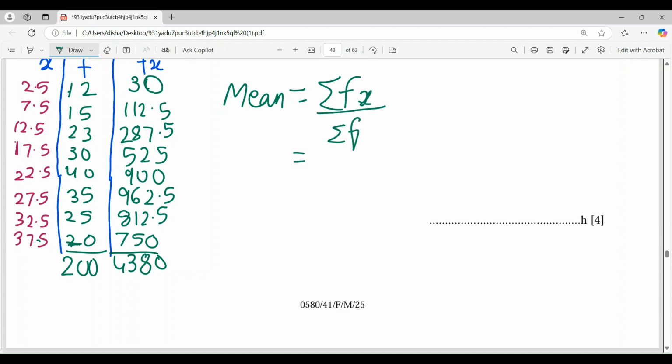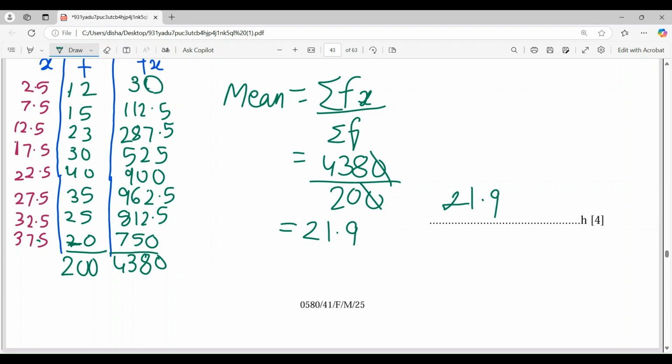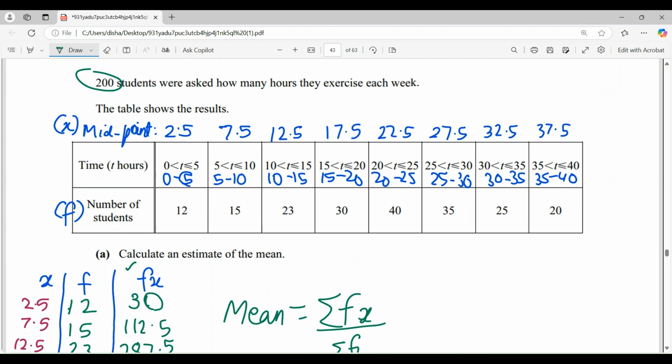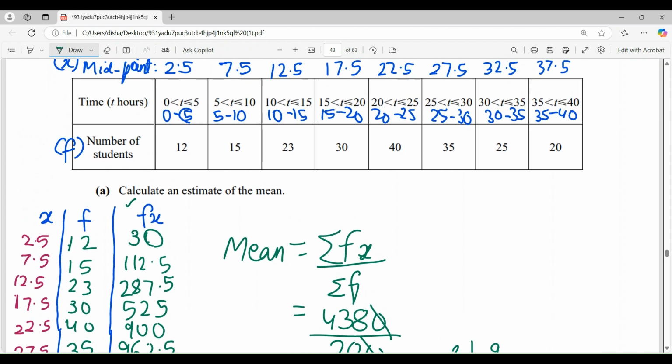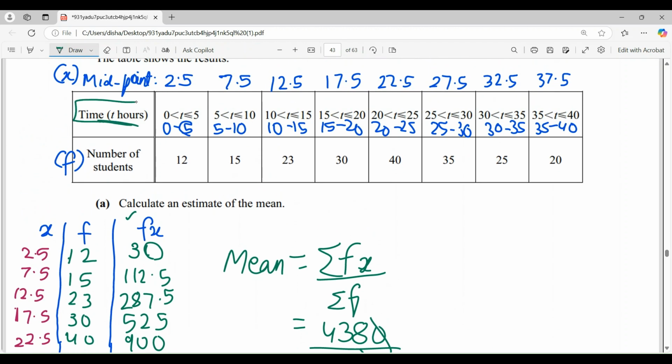So what is sum of fx? 4380 upon what is sum of f? 200. So the answer comes out to be 21.9. So mean is 21.9 hours. Why? Because your mean always comes out in the units of this first column.